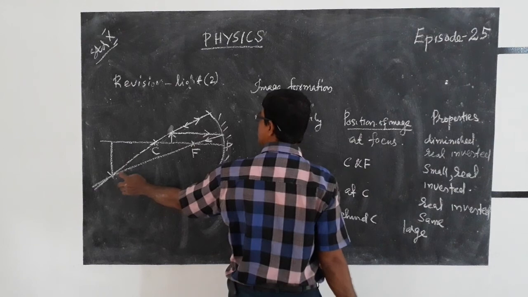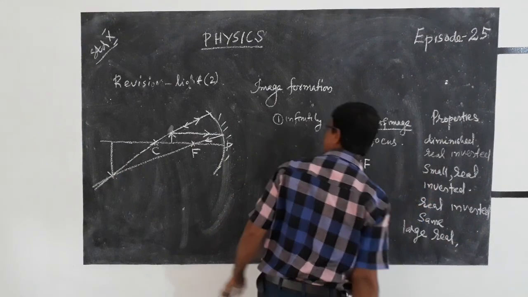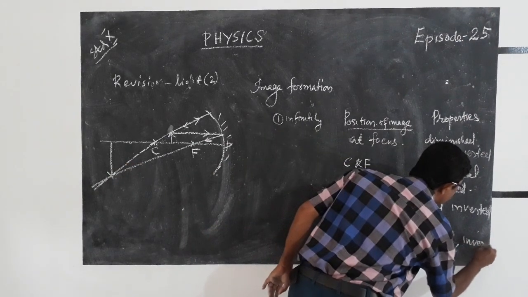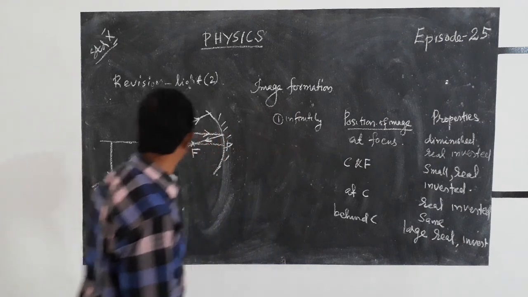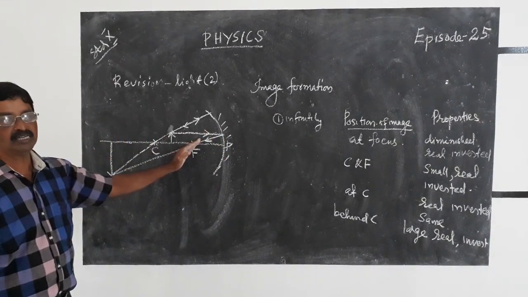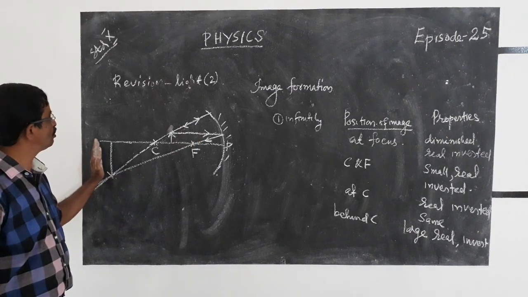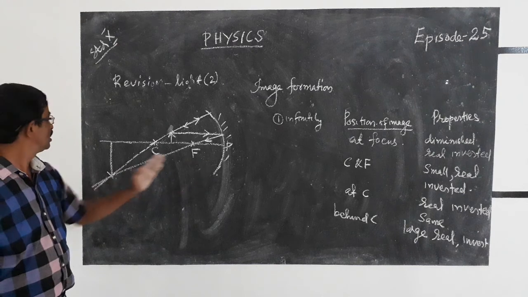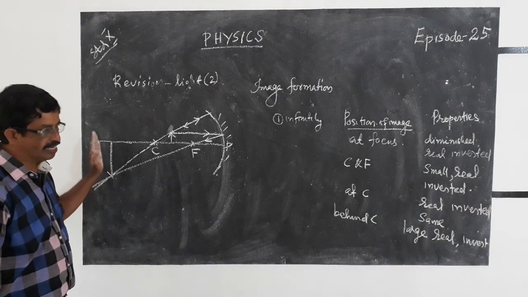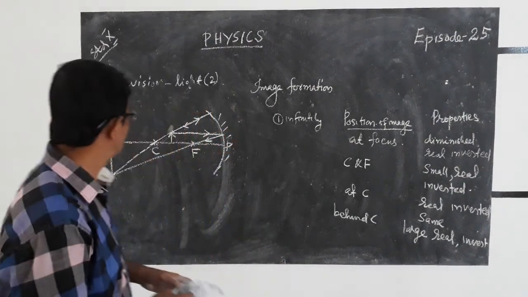These two rays meet, so it is real and inverted. So when we place an object in between C and F, we get the image behind the center of curvature of the concave mirror. It is real, inverted and enlarged, or large in size.